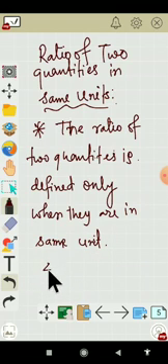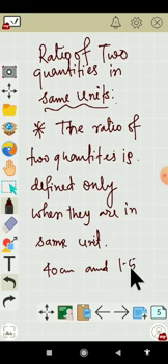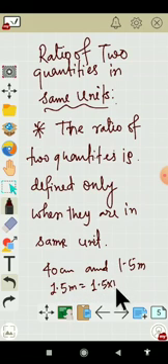Suppose 40 centimeter and 1.5 meter is there. We have to find the ratio of 40 centimeter and 1.5 meter. So what we will do, first we will write 1.5 meter equal to 1.5 into 100 cm.